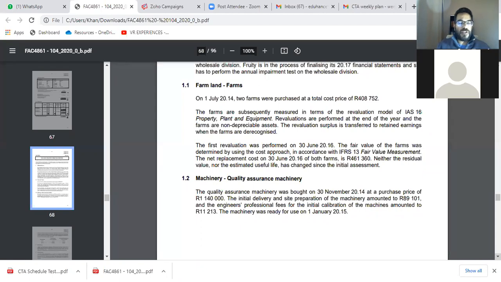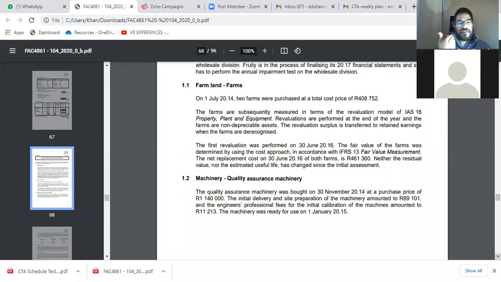There are 2 measurement policies, either the cost model or the revaluation model, and the company can choose. For SAICA purposes, revaluation will only be tested for a non-depreciable asset, such as land, and for depreciable assets, it will only be the cost model. In the real world, you can choose any one.